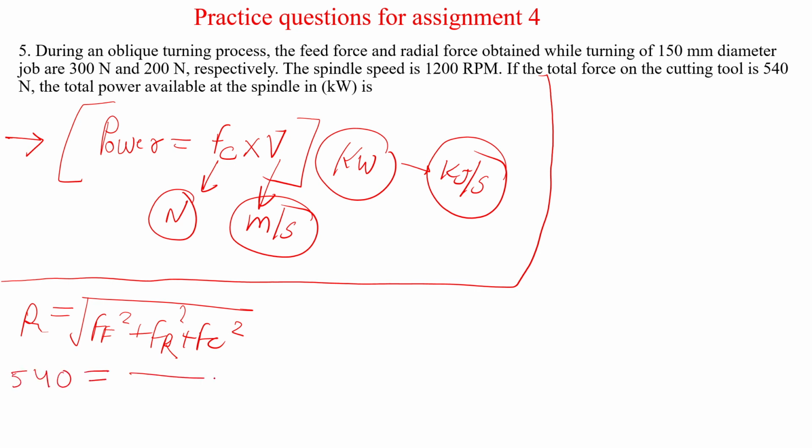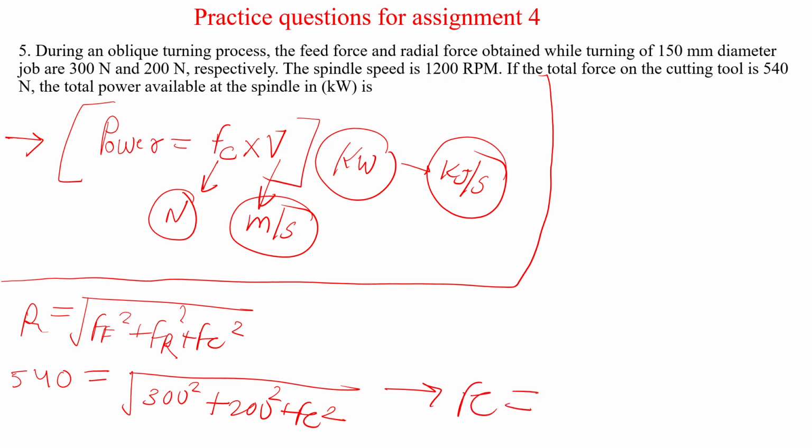So 540 equal to under root Ff is 300 square plus Fr is 200 square plus Fc square. So we can find Fc from here. How much Fc? Fc is 401.99, so Fc is around 402 Newton. Fc we have got.